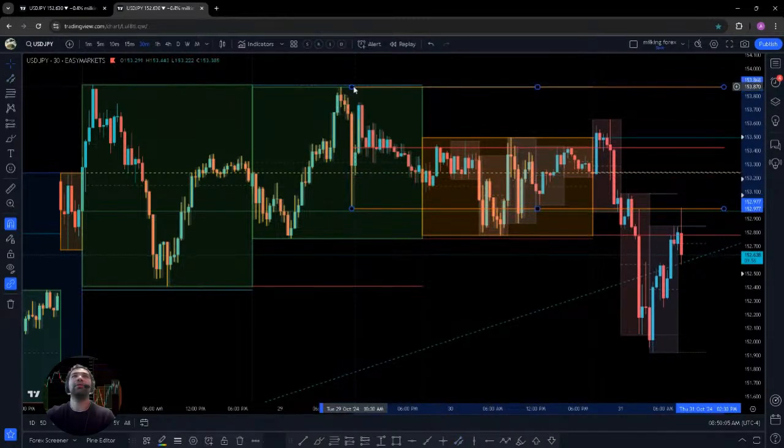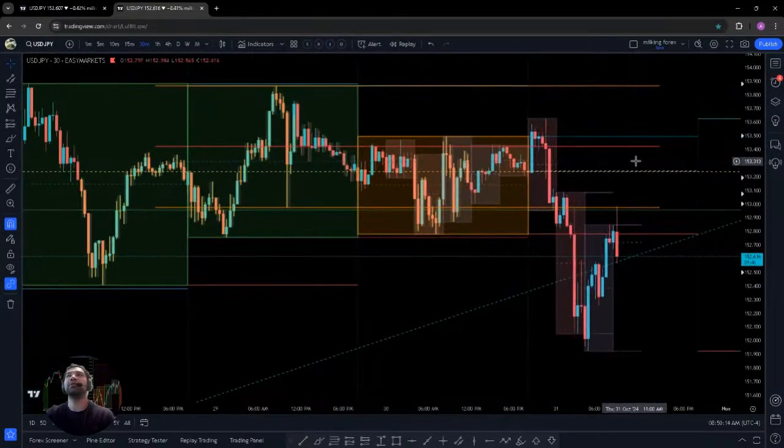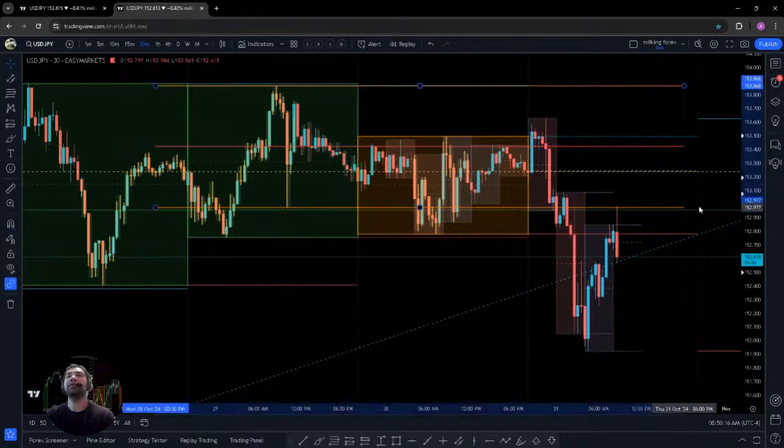See, if we take this zone, this is the point where the price was constantly being rejected, right? And still now, see how it is reacting.